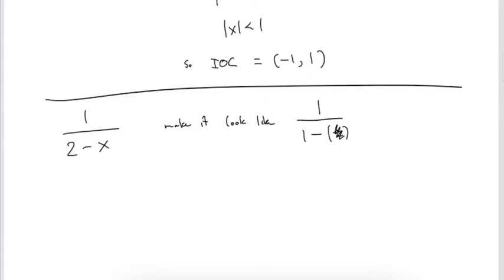Anybody got a suggestion for that? How can we do some simple manipulations to make it look like 1 over 1 minus something? I don't want a 2 there, I want a 1 there. Yeah, what do you think?